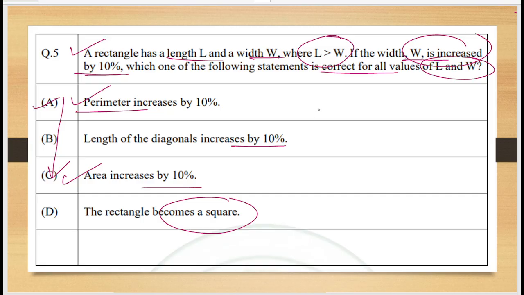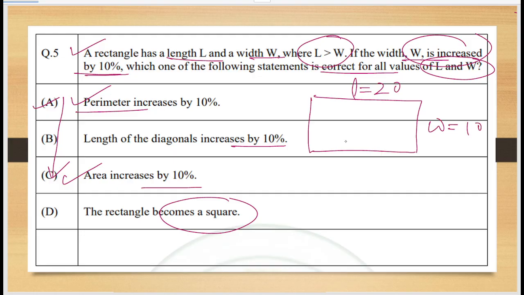Mostly we assume length as L and breadth as B, but here it is given as W, so you can assume W. If we find this change relation in terms of the variables L and W, it might become difficult and we land on more calculative work. So what we can do here is assume some values. For the sake of simplicity, let length be 20 and width be 10.